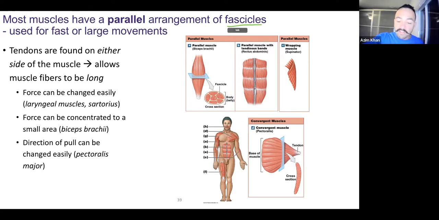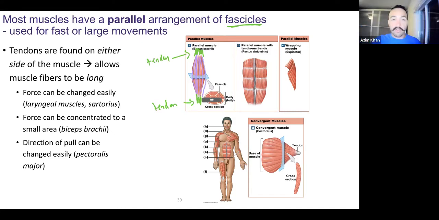The way that a fascicle is arranged depends on which muscle we're talking about. Sometimes they're arranged such that, let's go with the example of this biceps brachii, the tendons are on either side, and then you've got the muscle running end to end.